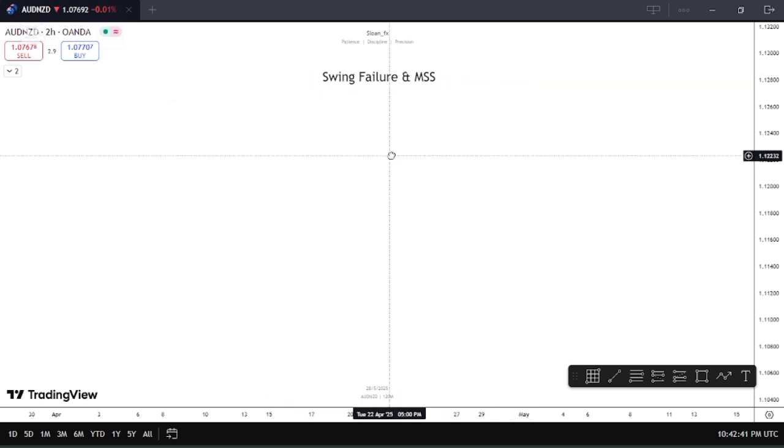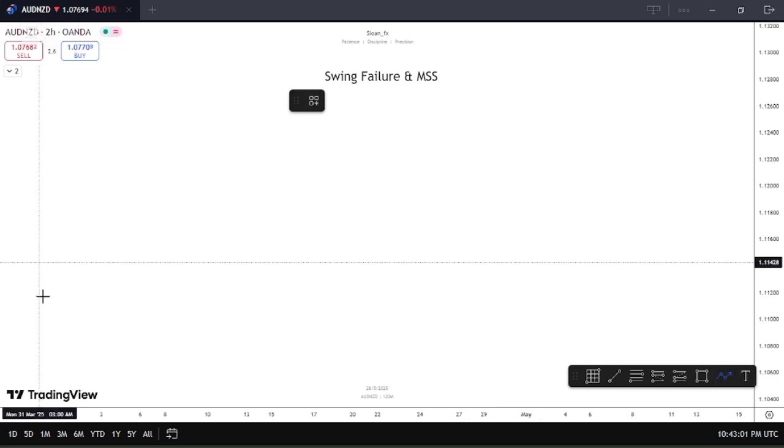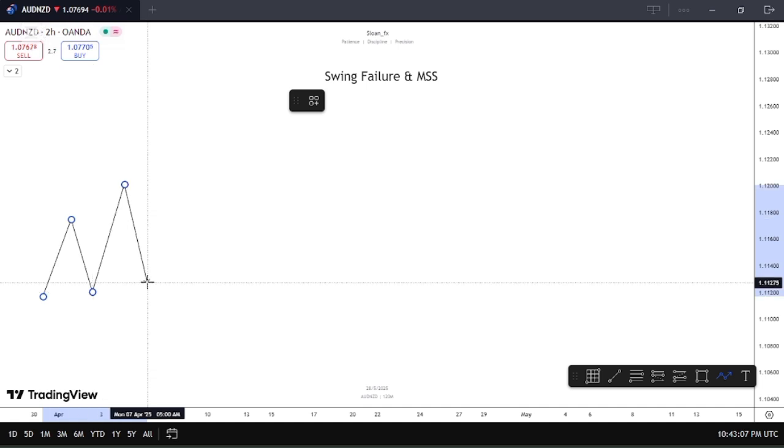Before we go fully into this video, I would like to do a quick recap on market structure. If you remember correctly, in the previous videos we said there are three trends in the market structure: the uptrend, the downtrend, and the consolidation market. Market structure is the anatomy of the market.